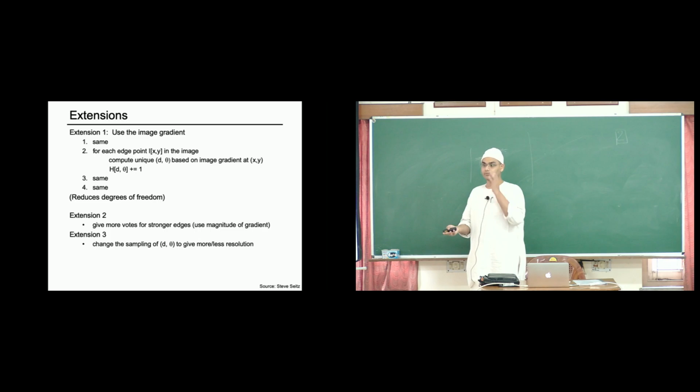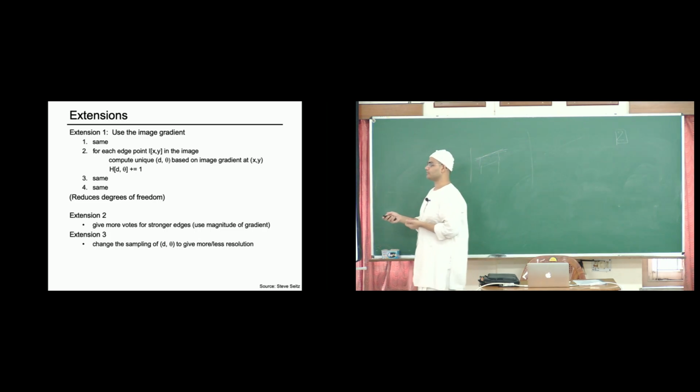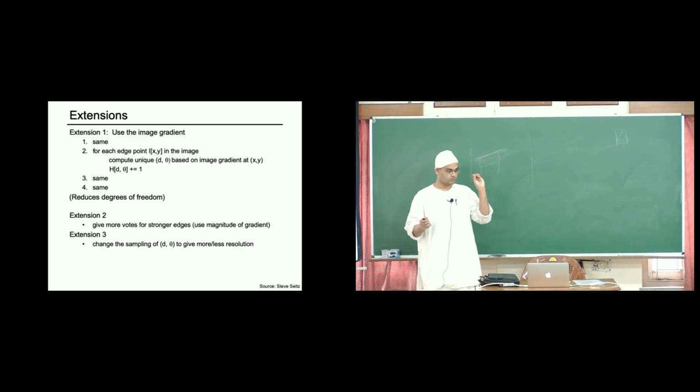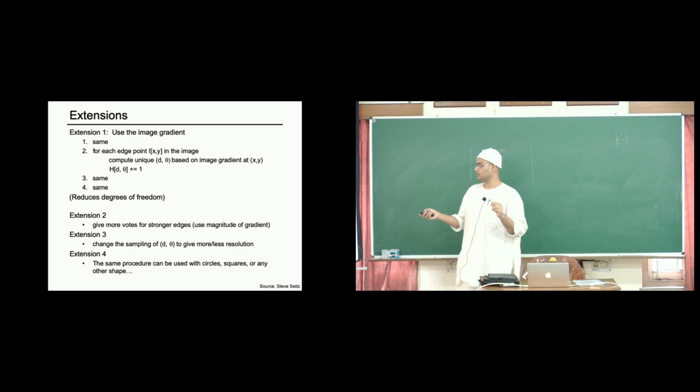You are reducing the dimension itself. Another way is using the magnitude of the gradient value to give more votes. This is for you based on your own need. Extension 4 is the same basic idea of voting with very little changes. You can use it for circles, squares, or any other shape. That is the next part.